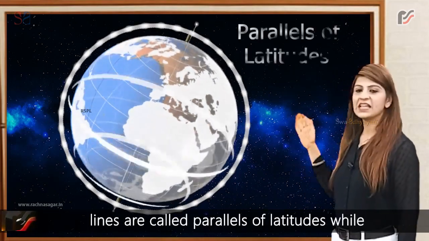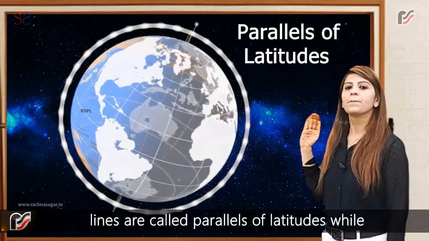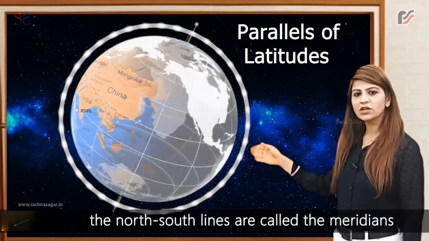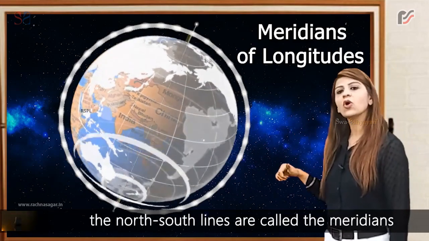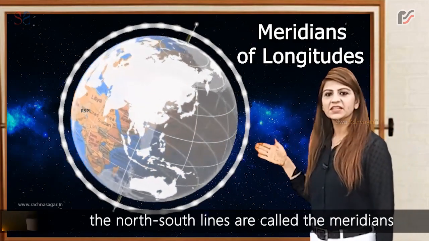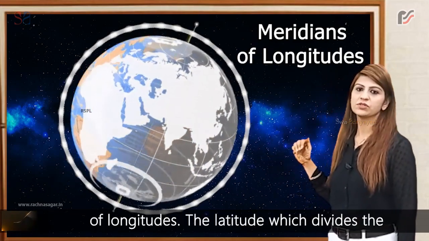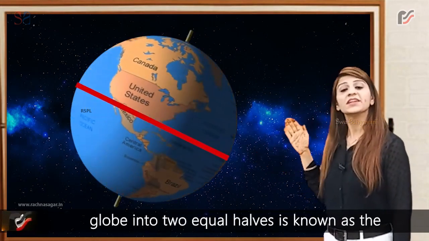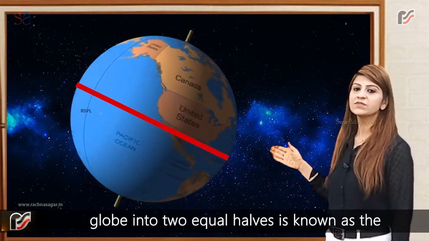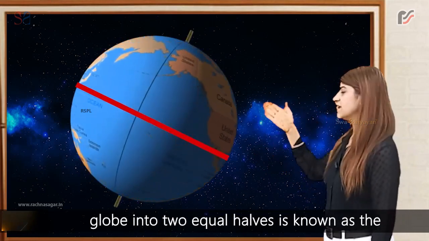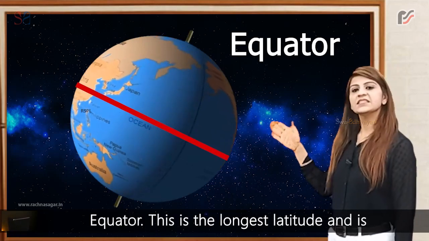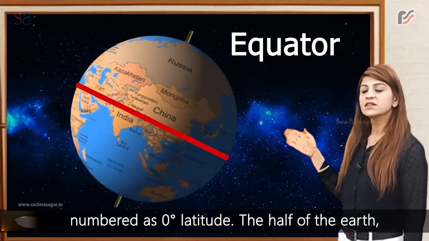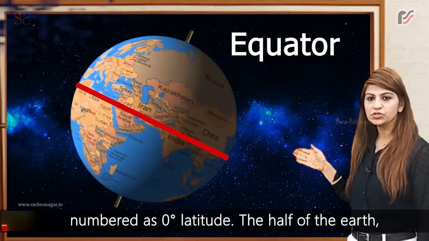The east-west lines are called parallels of latitudes, while the north-south lines are called the meridians of longitudes. The latitude which divides the globe into two equal halves is known as the equator. This is the longest latitude and is numbered as 0-degree latitude.